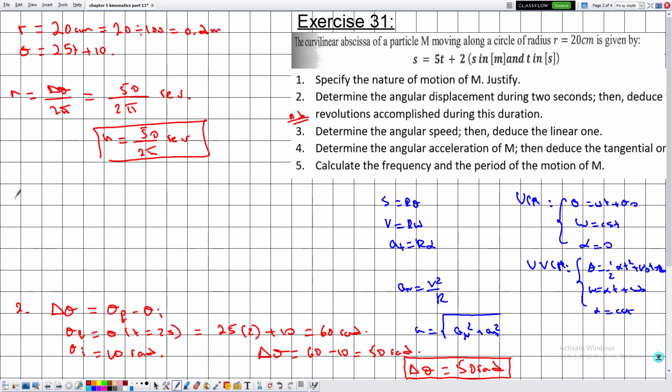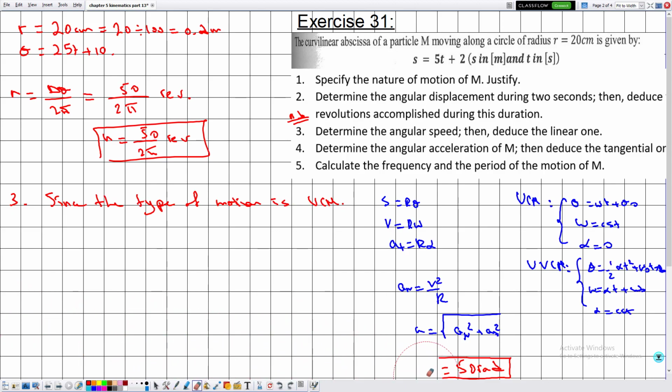Okay, now in number 3 they are telling me to determine the angular speed and deduce the linear one. Since the type of motion is UCM, then we have that theta is omega t plus theta 0.